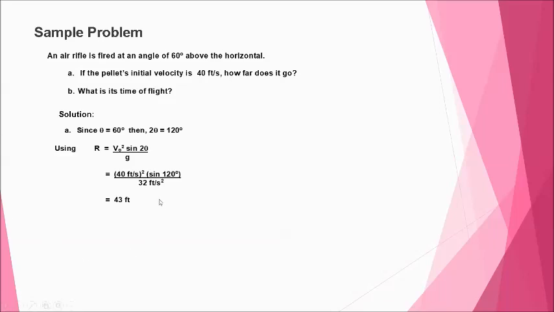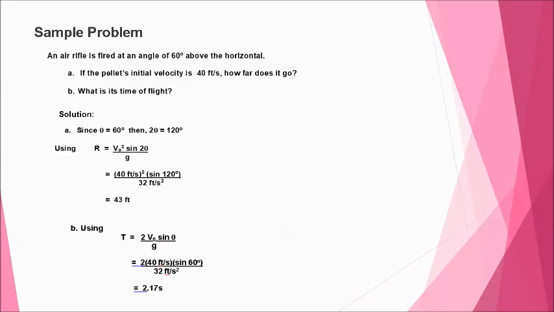Notice here I use 32 feet per second squared because the initial velocity is given in feet per second. Solving it out, we get 43 feet. Now for letter B, it's asking for the total time of flight, and using our formula, we have that. Substituting the given data and solving it out, we get 2.17 seconds. Is that okay, class?